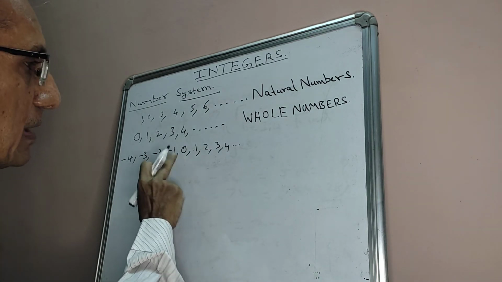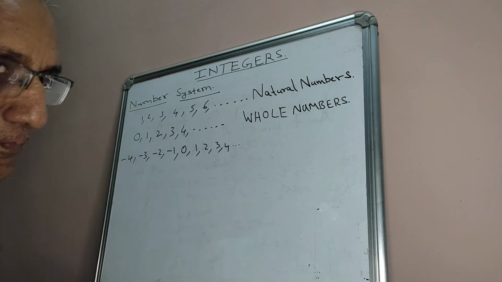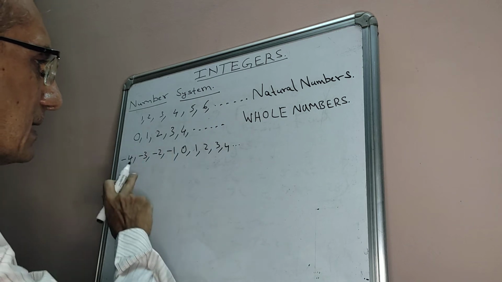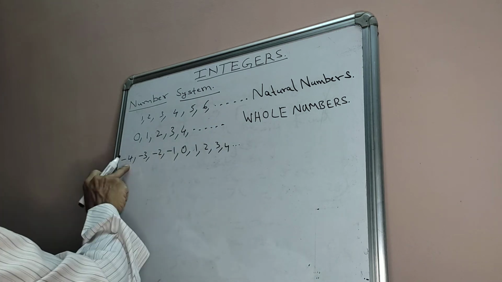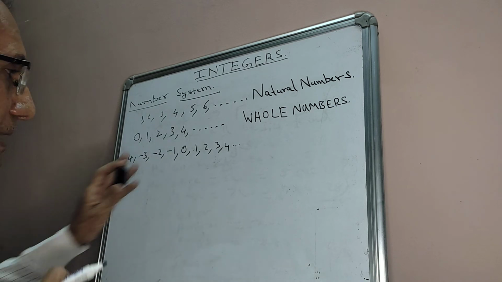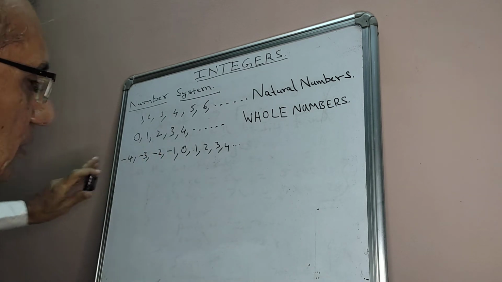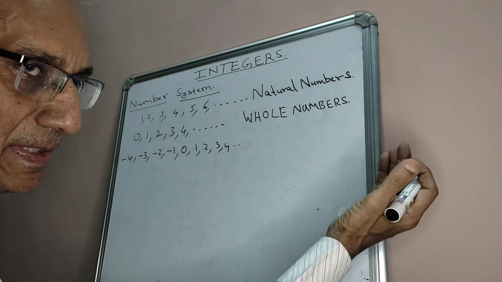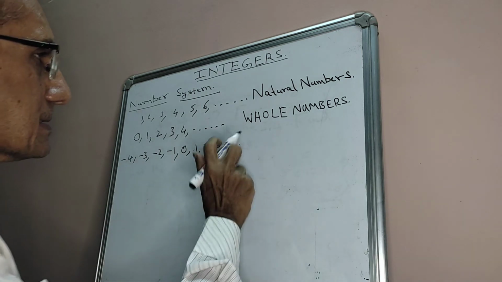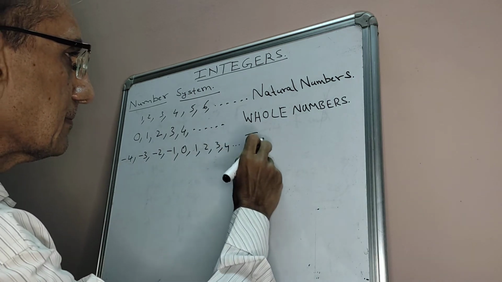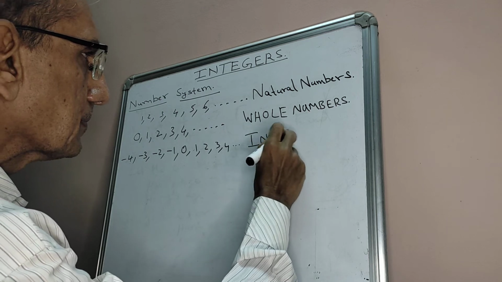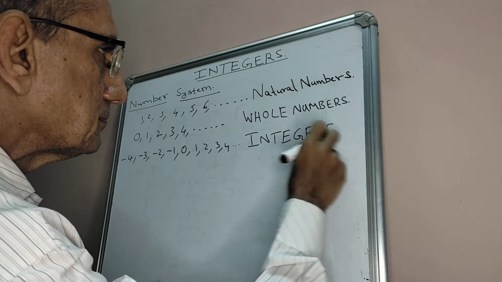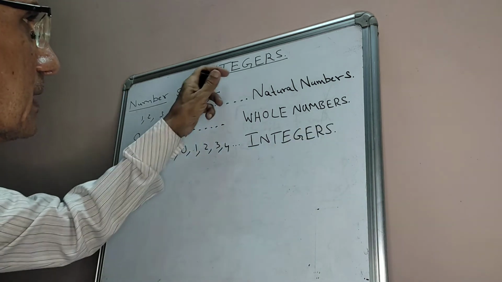From 0 to the right-hand side we have 1, 2, 3, 4 and so on. From 0 to the left-hand side we have -1, -2, -3, -4, going on till minus infinity. So from minus infinity to plus infinity, these numbers are called integers. And this is what we are going to study today.